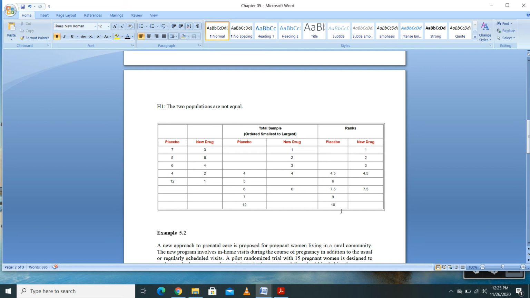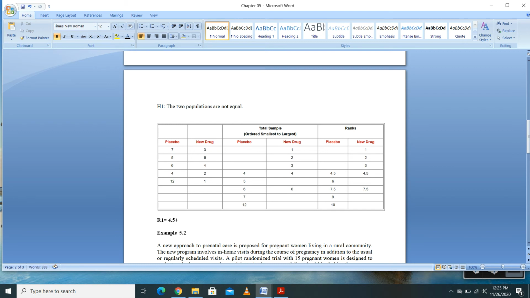Okay. If you take the placebo group as the first sample, you can take the summation of these ranks. That is 4.5 plus 6 plus 7.5 plus 9 plus 10, the summation of the ranks of the first sample.